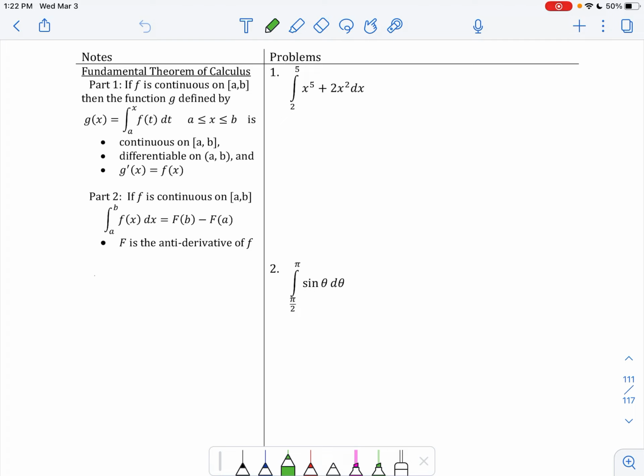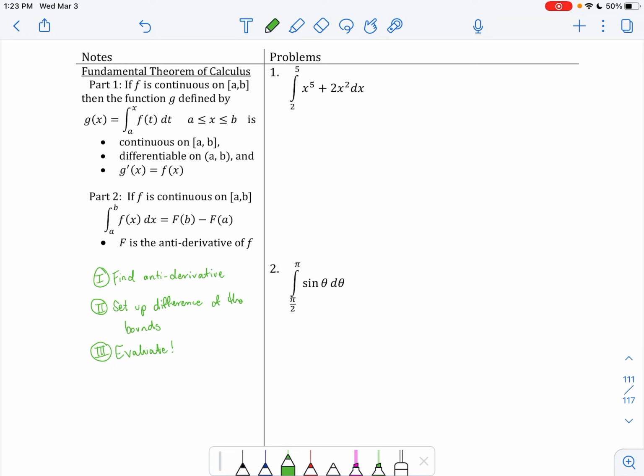And so we now have a new strategy: if you have an integral, you want to find the antiderivative, and then we want to set up a difference, so that's a subtraction problem, of the bounds. And then all we need to do from there is evaluate.